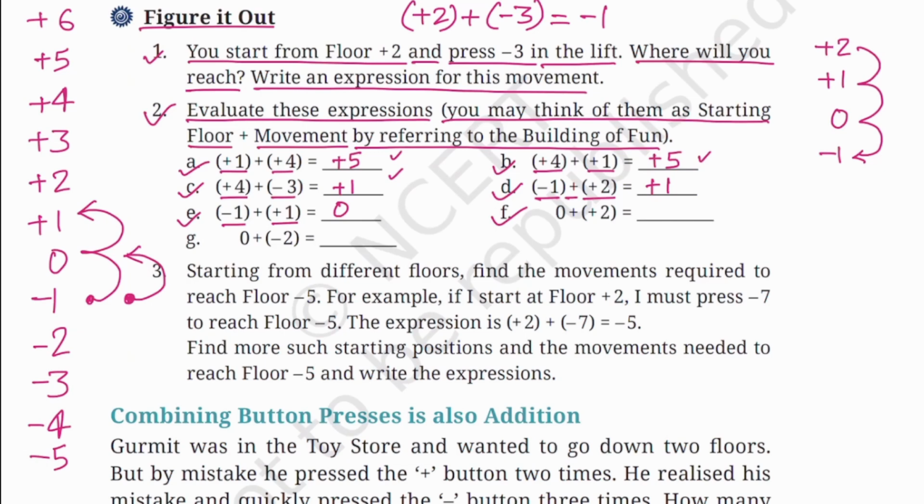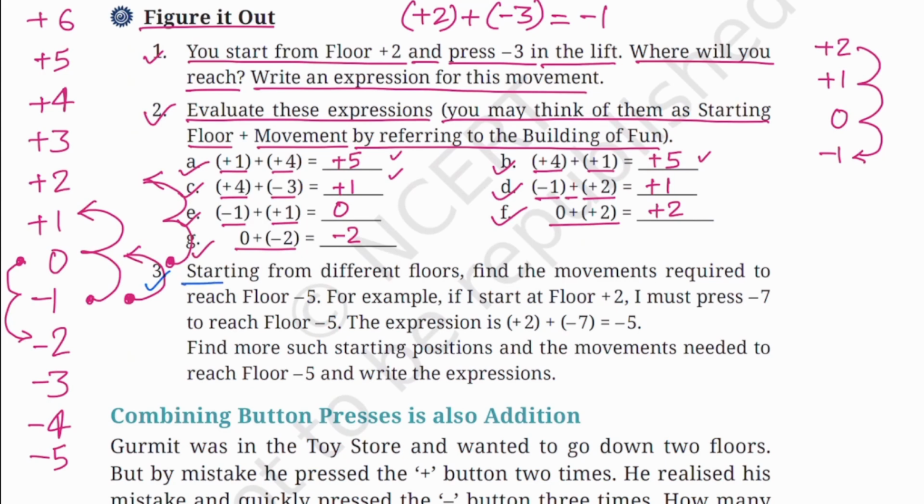F: 0 plus 2. The answer will be plus 2. G: 0 plus minus 2. The answer will be minus 2.